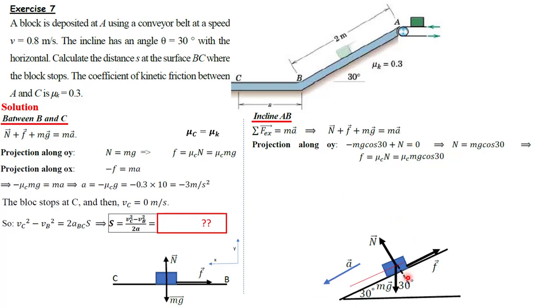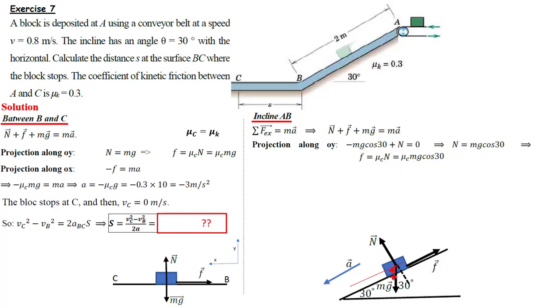It is equal to minus mg sine of this angle. And this angle is equal to this angle, corresponding angles. We can deduce from this right triangle that the red angle is complementary to the 30 degrees, so the red angle is equal to 60 degrees.